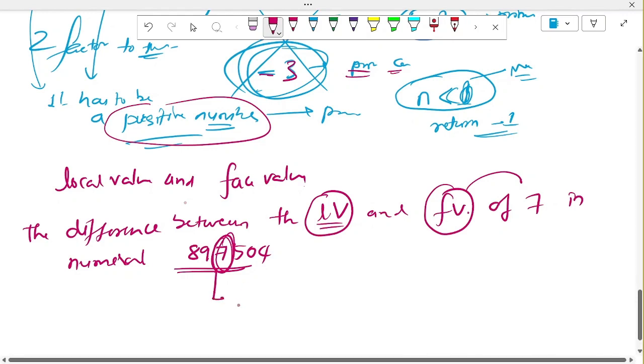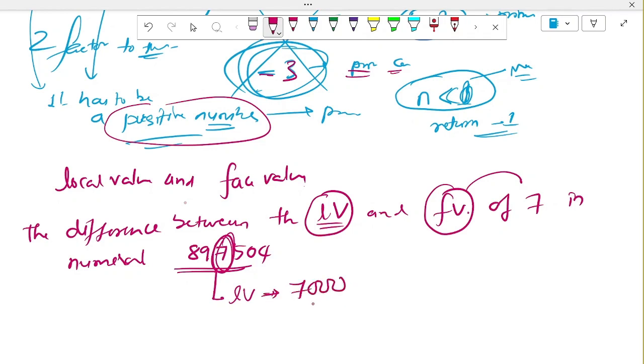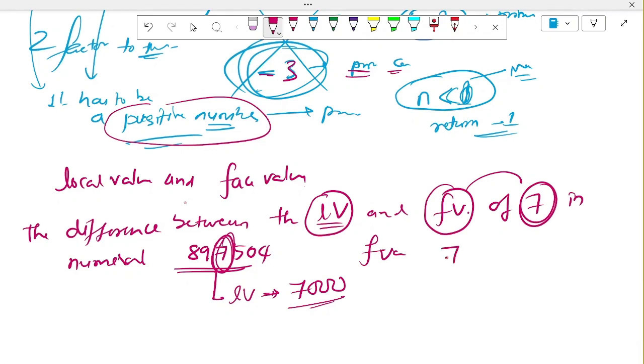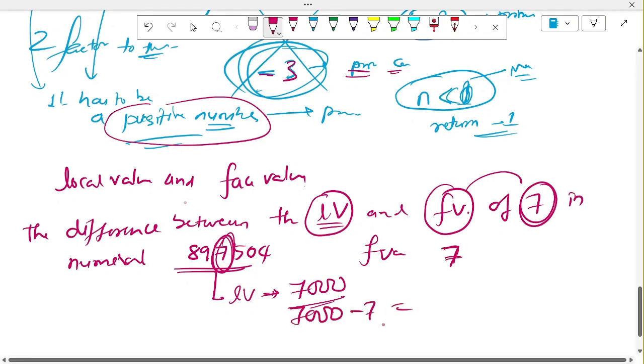What is the local value of this one? Local value of this is 7,000. Okay. And what is face value? Means just by looking at this, what you think? It is just 7. So the answer is 7,000 minus 7. So this will be equal to 6993.